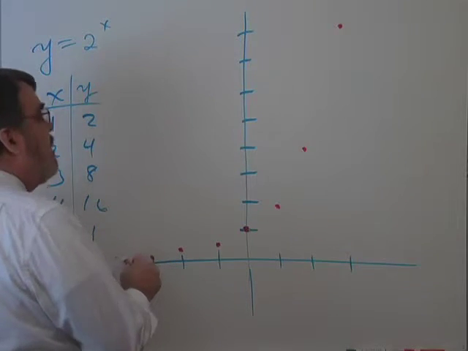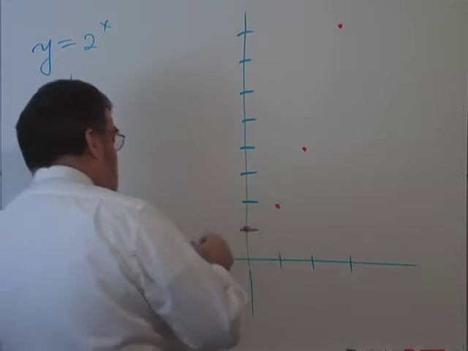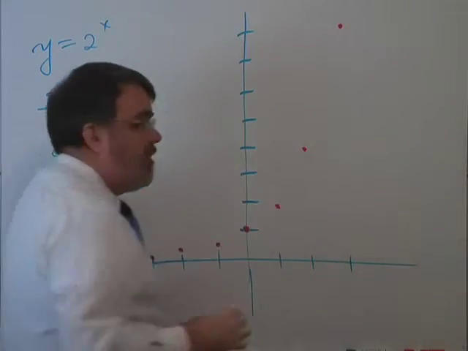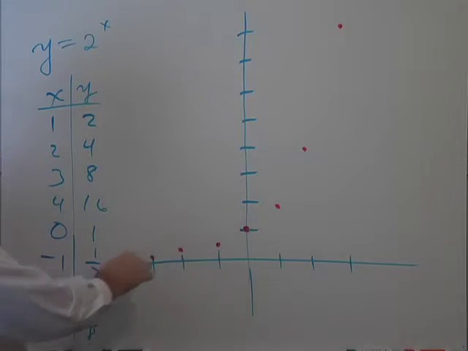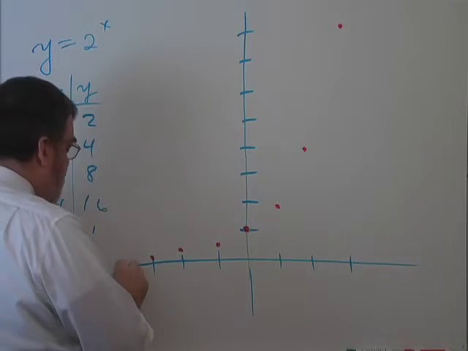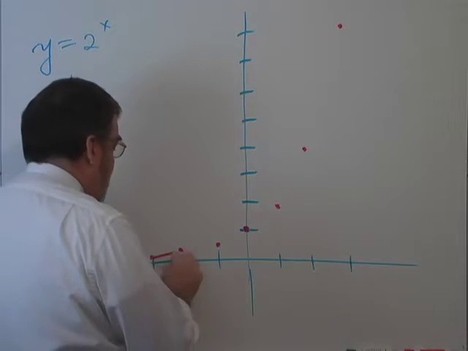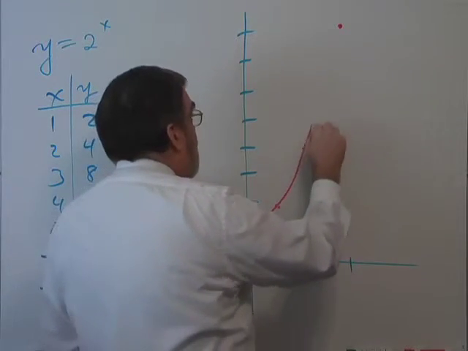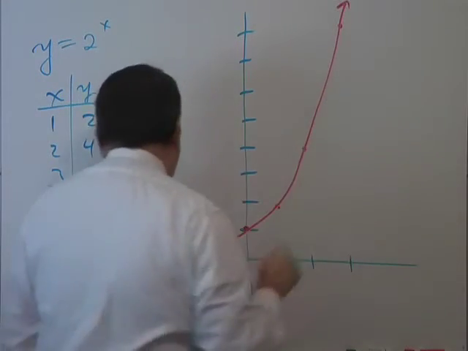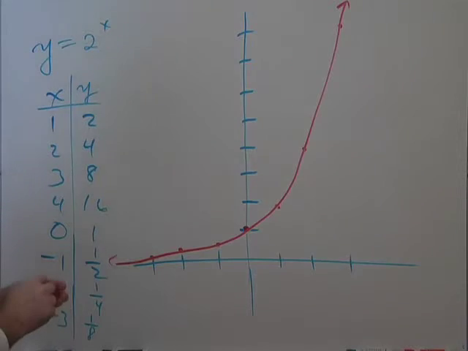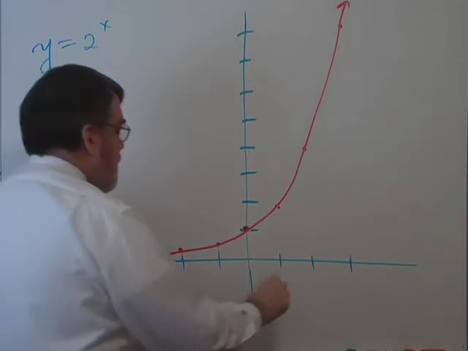All right, look what these dots are doing. They're rising quicker and quicker on the right side, but on the left side it looks like they're flattening out. To connect this with a smooth curve, it looks like it goes up that way. And I'm going to put a few scale numbers on our graph.